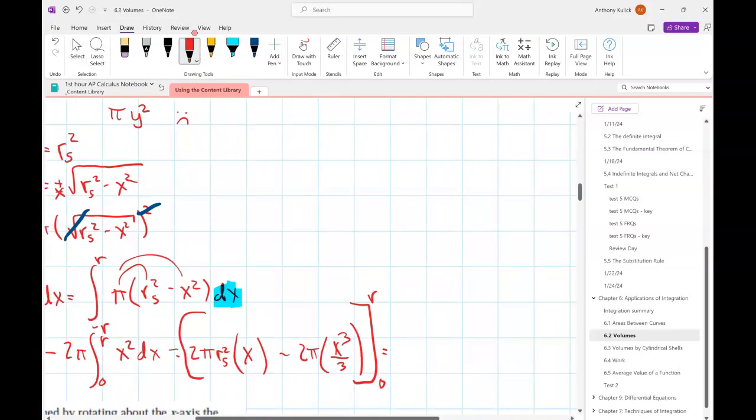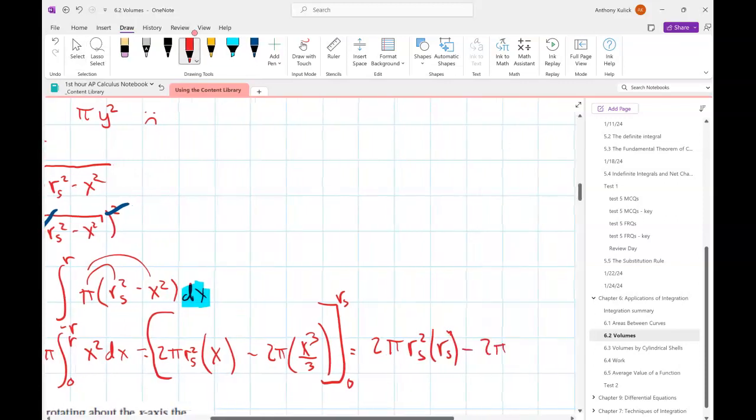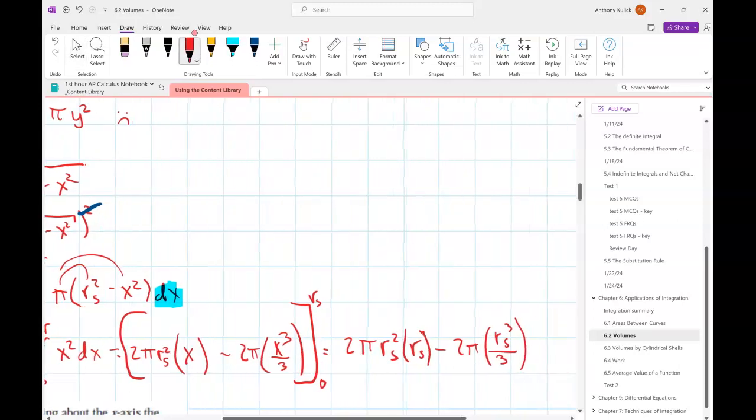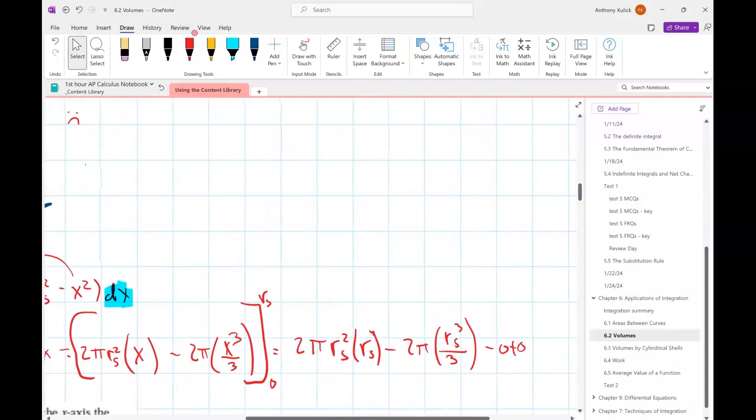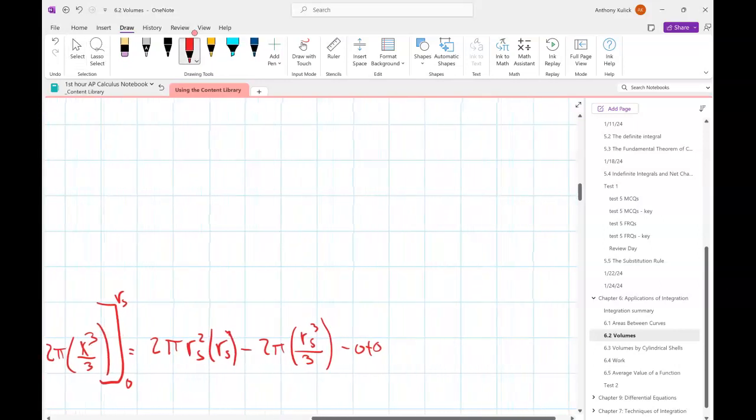So when I plug r in, I'm going to have 2 pi r squared times r minus 2 pi r cubed over 3, and then minus 0 plus 0. When I plug 0 in for x's, they just 0 out. Okay. So if I look at this, I have 2 pi r cubed minus 2 pi r cubed over 3.